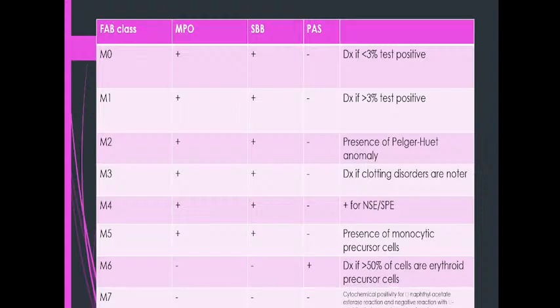Okay? For M2, there's what you call a Pelger-Hewitt anomaly. Ano nga yung Pelger-Hewitt anomaly? Yung may business. Very good. And what does it indicate? Tingnan natin kung talagang nanood kayo ng lecture tsaka ginawa yung activity.